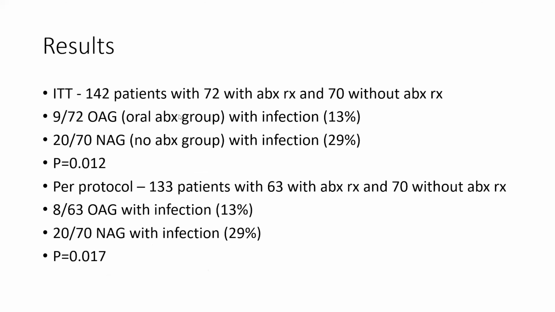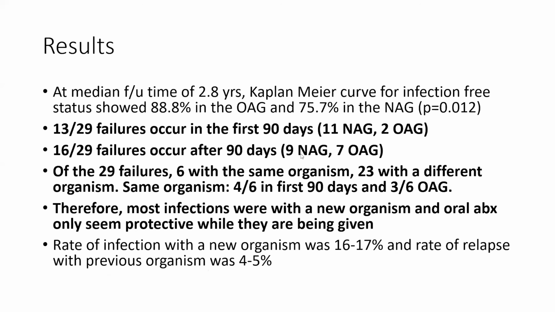The group that got oral antibiotics had 13% infection rate, group with no antibiotics, 29%. So that was significant. And Kaplan-Meier curves also showed the oral antibiotic group had less infection, more infection-free percentage than the non-antibiotic group.